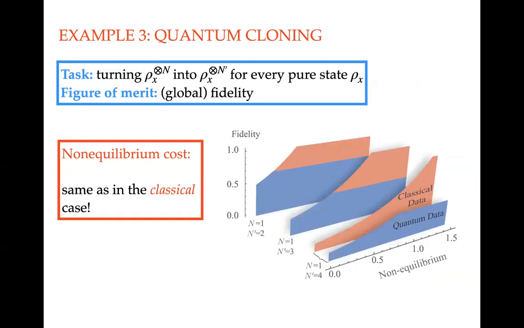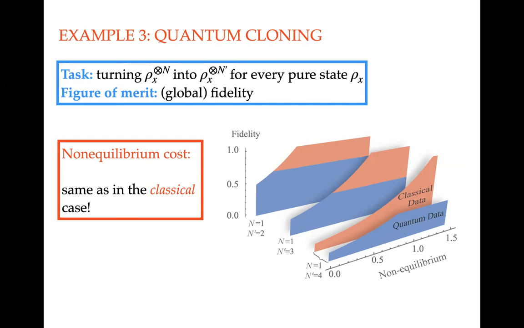Now it's interesting that if you look into quantum cloning, so transforming pure quantum states into more copies of pure quantum states, using the global fidelity as the figure of merit, you find out that the cost is exactly the same as classical cloning. So despite the fact that we are approximately copying all possible quantum states, the trade-off between non-equilibrium and cost is exactly the same.